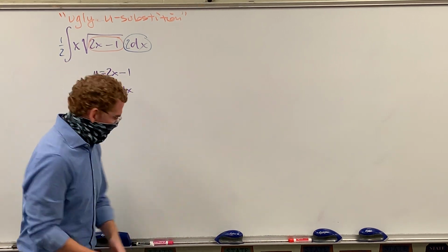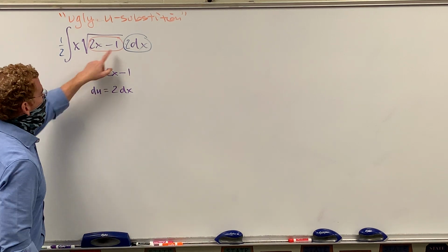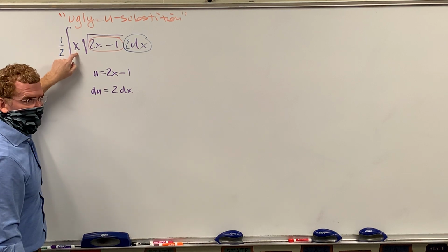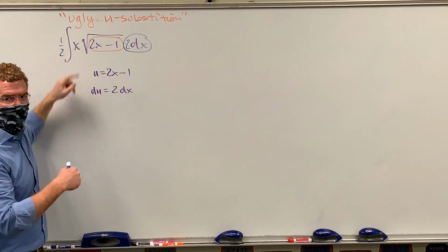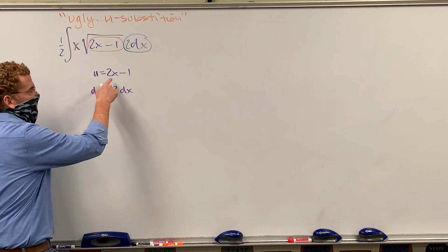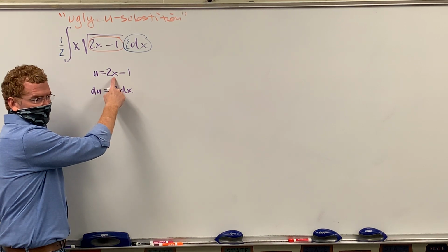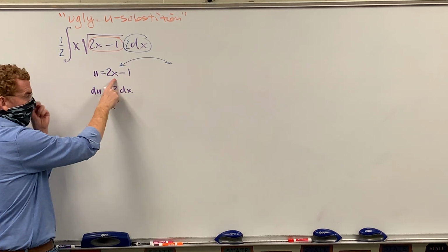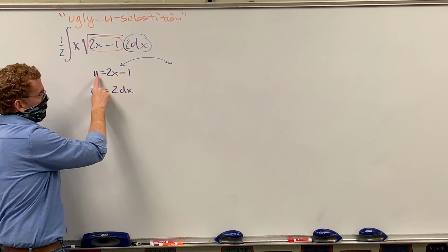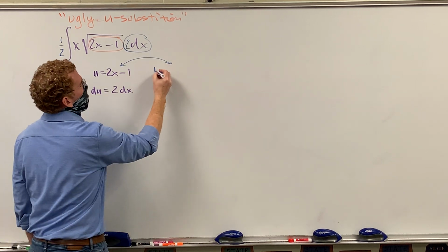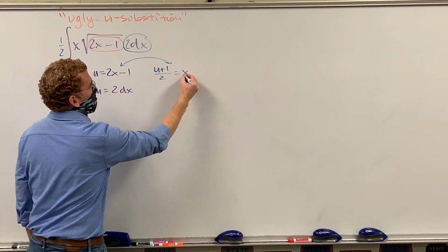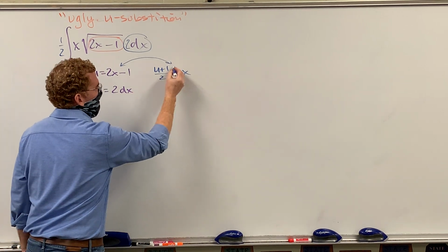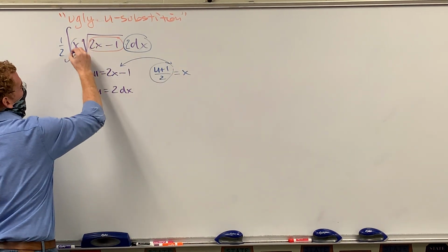So what we're going to do is the u substitution like I've done here, but I'm going to replace x with what it's equal to in terms of u. I can solve for x here. So what happens if I take this and solve for x? What do I get? u plus 1 over 2? Is everybody with me on that? And I'm going to plug that right there in for my x.